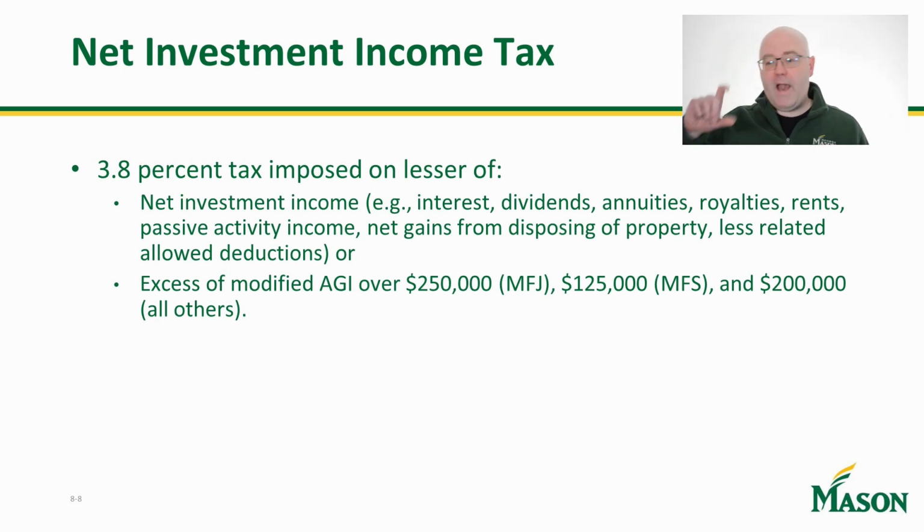So if you have capital gains rates at 20% because a person has very high income, their capital gains rate really isn't 20%. It's 23.8% because you've got to factor in NIIT. That's important, and you want to make sure that you're taking that into consideration. Again, if you have net investment income from interest, dividends, annuities, royalties, rent, passive income, net gains, disposition of property, less related allowances or deductions.